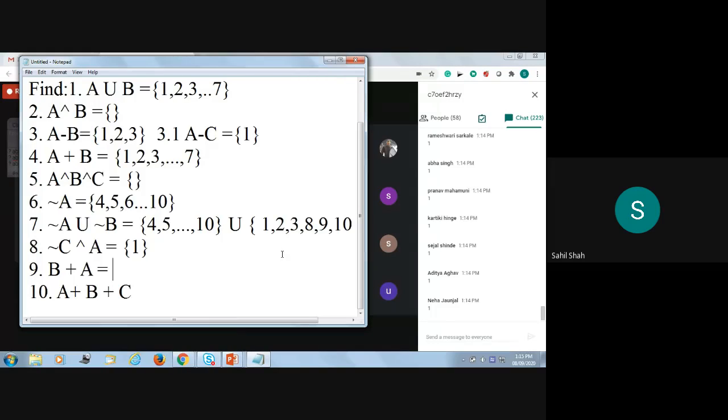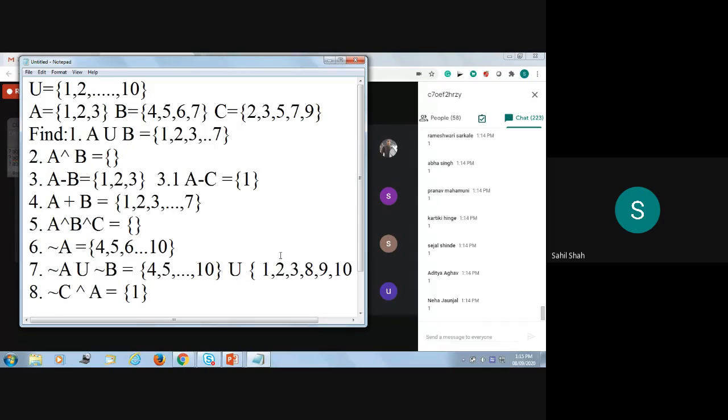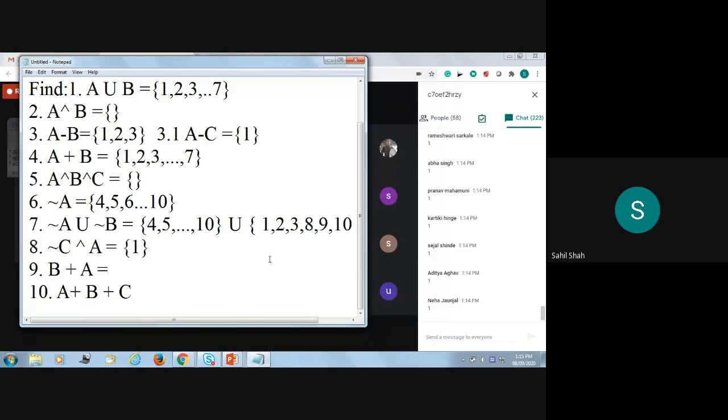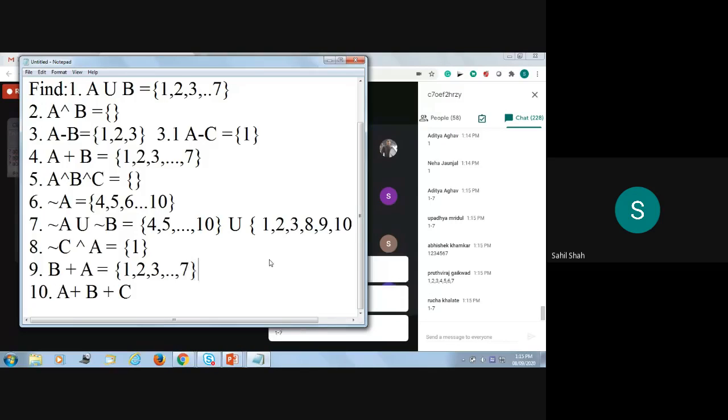I think you have written down these sets. B symmetric difference on A: 1 to 7. Very good. 1 to 7. Perfect.